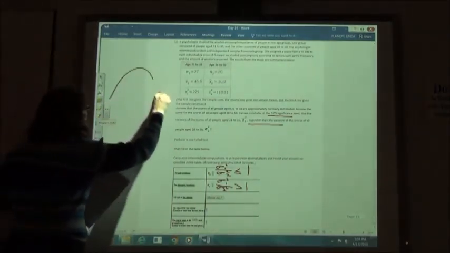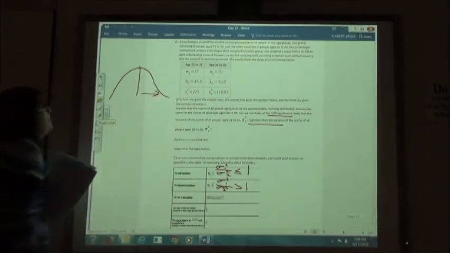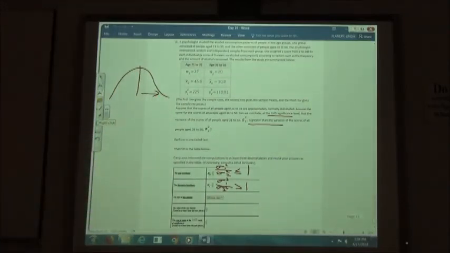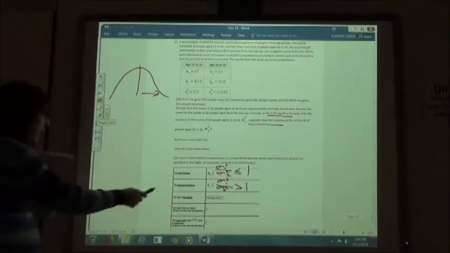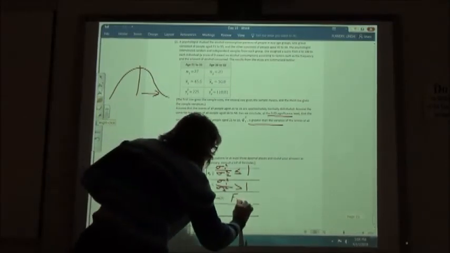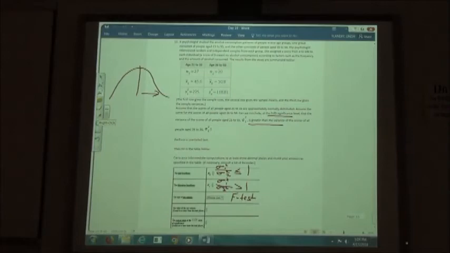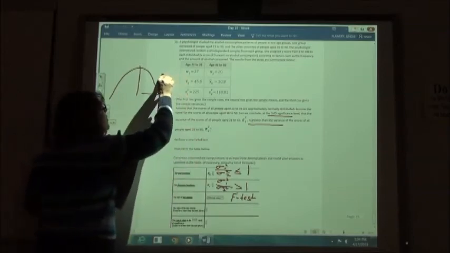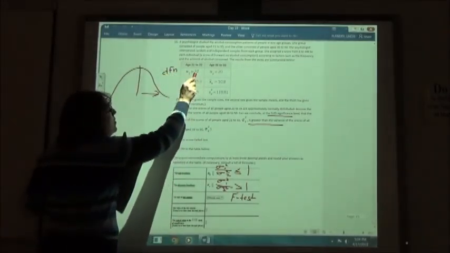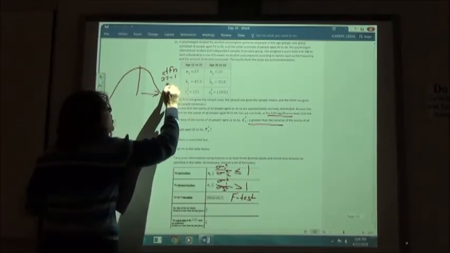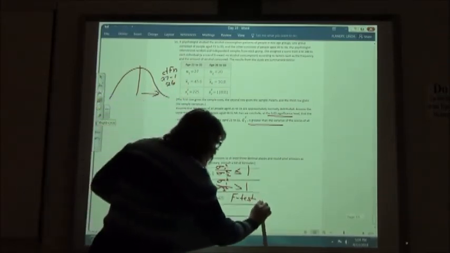Which means we are doing a right-tailed test. Our type of test statistic, we're doing the F test. And we have to find the degree of freedom in the numerator and the degree of freedom in the denominator. So my degree of freedom in my numerator, 27 minus 1 would be 26.